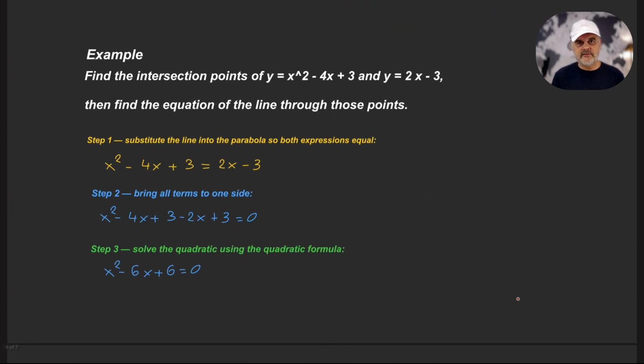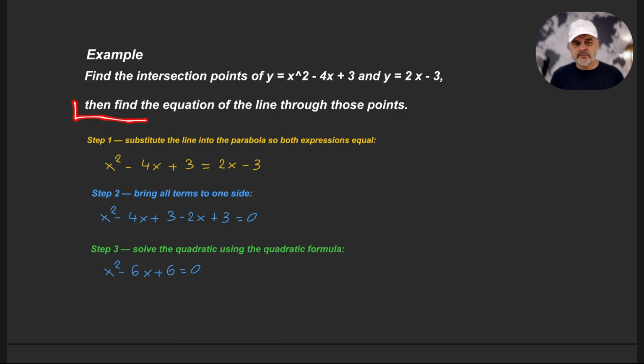Now, for this video, we have a pure mathematical question. Find the intersection points of this parabola, x squared minus 4x plus 3, and the line given by the formula y equals x minus 3. Since the question is not given in graphical form and there's no picture attached, we know we have to put those two equations together.